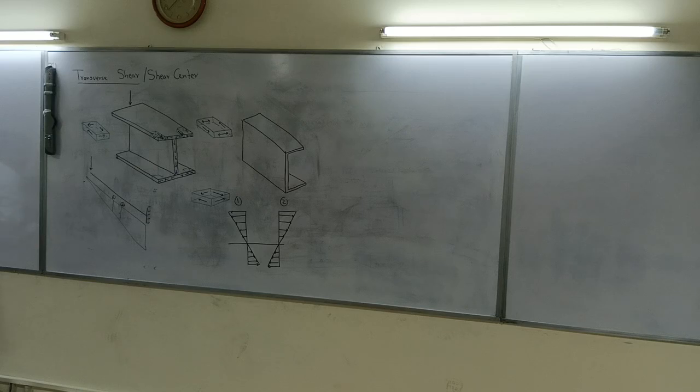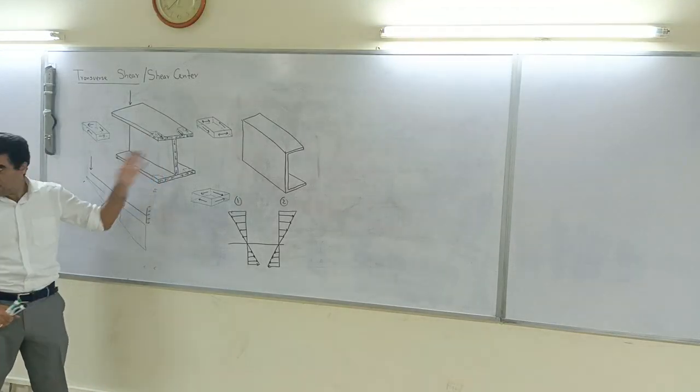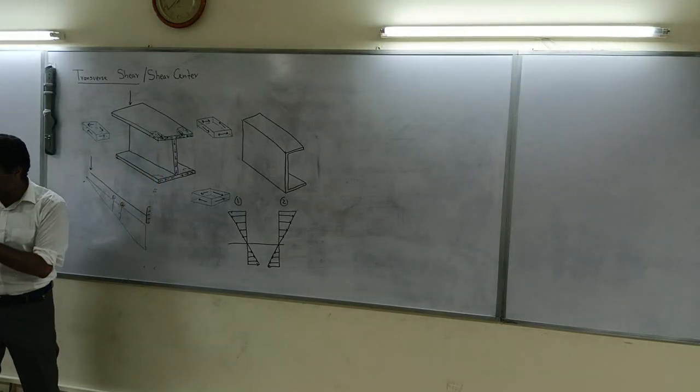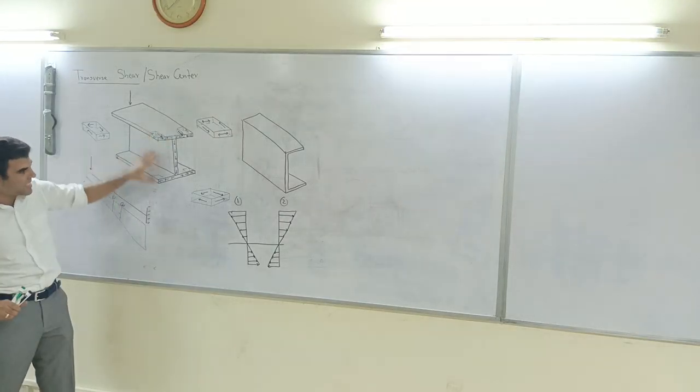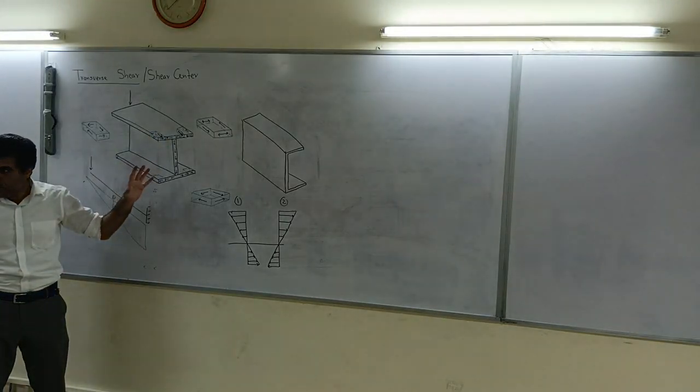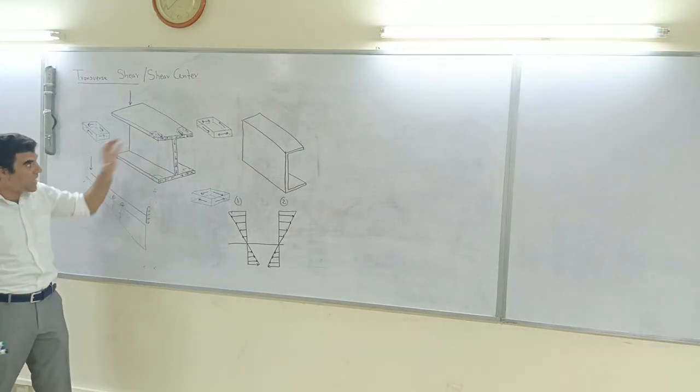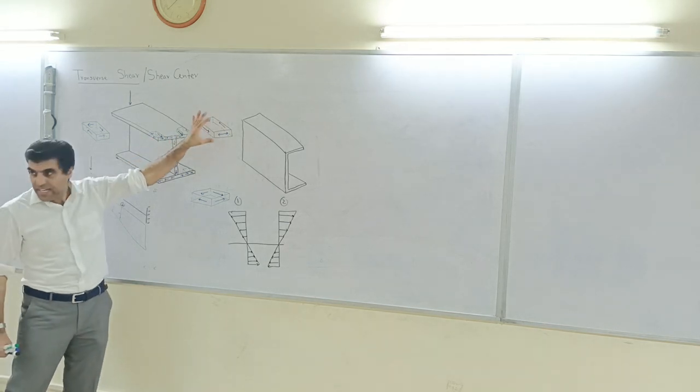Any question? What I am saying is, the main crux of our discussion is how do we get this flow. This flow you can get by equilibrating this box.